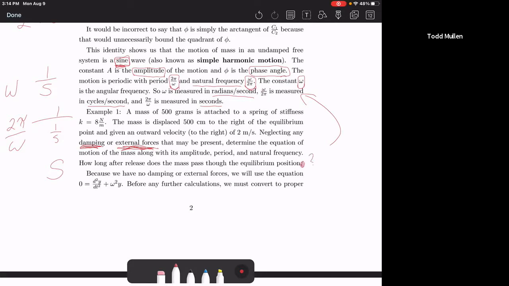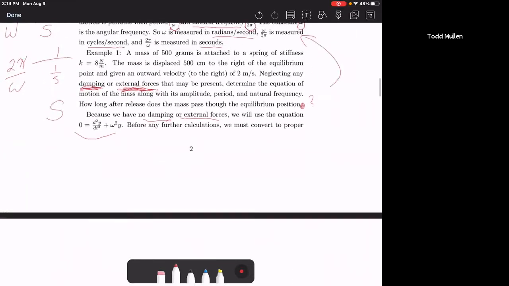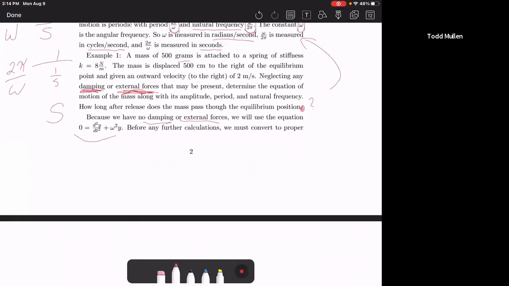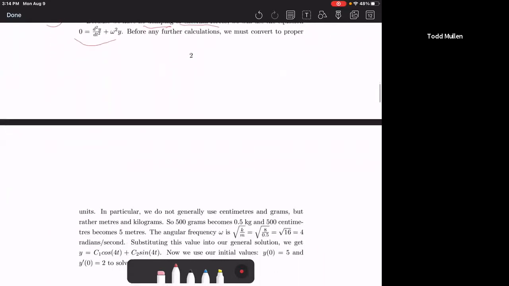Because we have no damping or external forces, we will use the equation 0 is equal to the second derivative of y with respect to t plus omega squared y. Before any further calculations, we must convert to proper units, because you'll notice this question is a little tricky. It deals with grams and centimeters when that's not really our standard. We do not generally use centimeters and grams, but rather meters and kilograms.